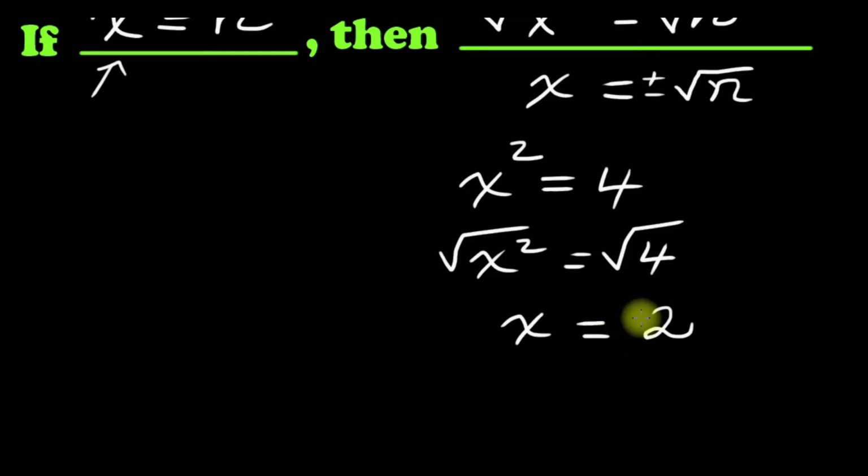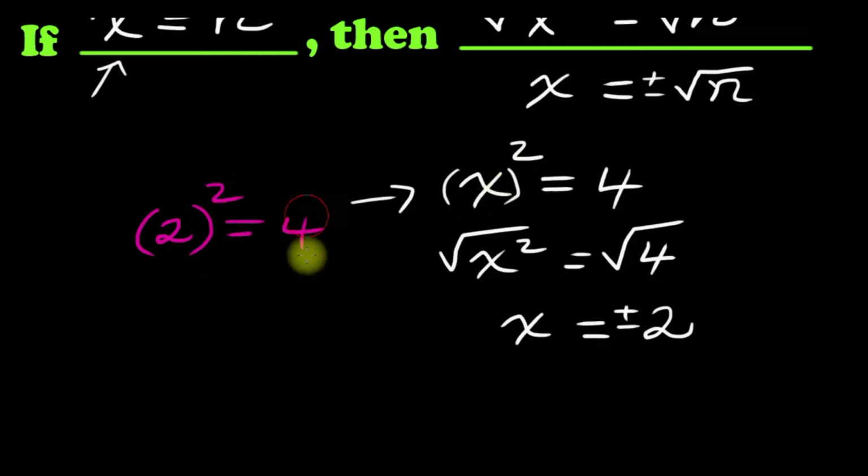The reason why you need a plus or minus in front of this number is, look, go back to the original equation. If I plug 2 in for x and square that, because it's x squared, I'll get 4, which is good.